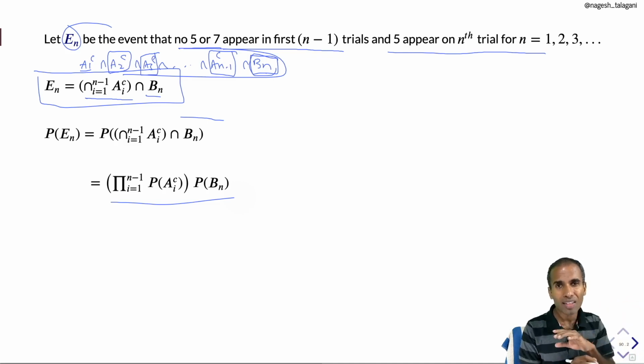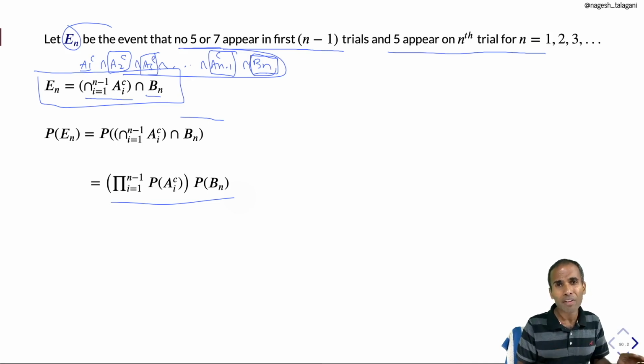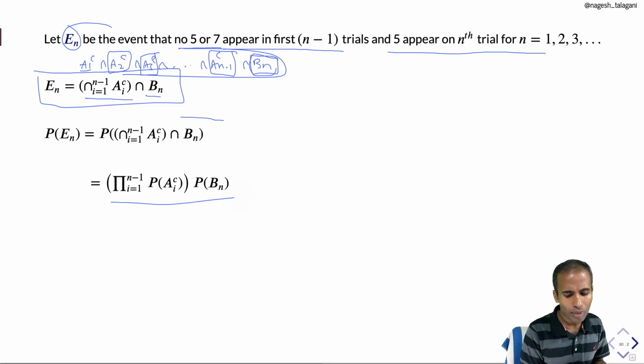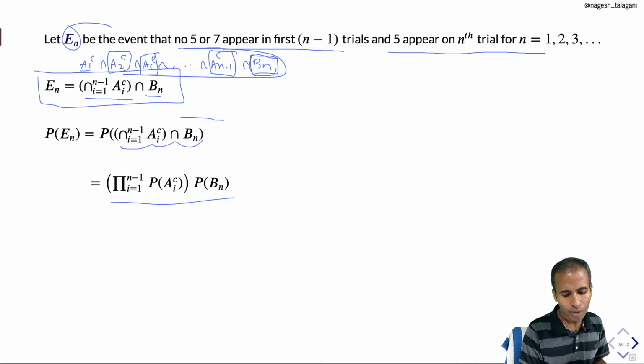All these trials are independent, meaning the result of one trial has no effect on the result of any other trial. Any events associated with independent trials are also independent. That's why the probability of this intersection is the product of the probabilities.